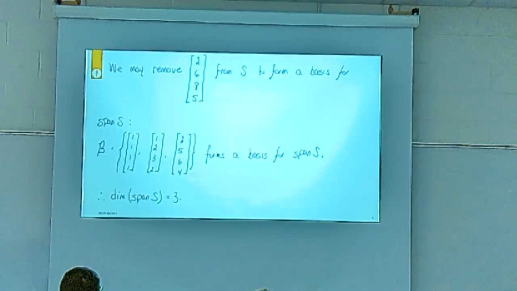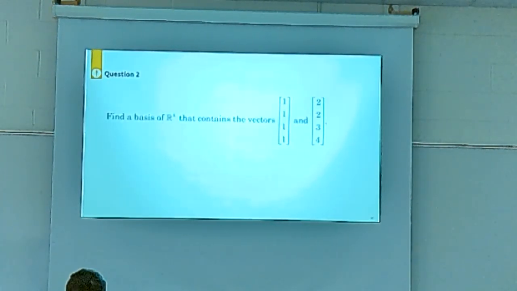Find a basis of R4 that contains those two vectors. Now, what is the dimension of R4? 4, right?